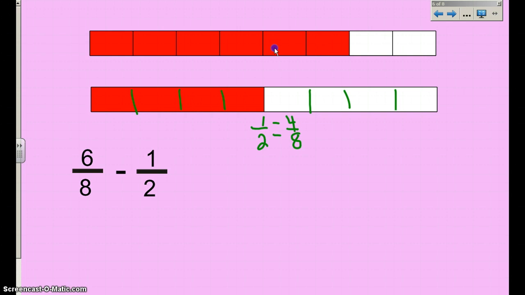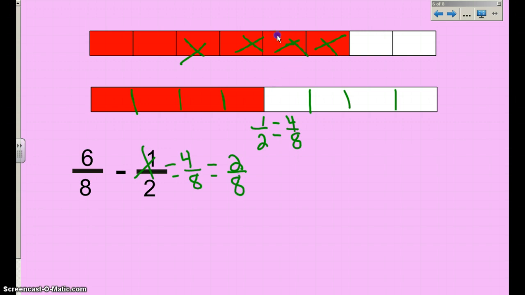So if I start with 6 and take away 4, that's 1, 2, 3, 4. And how many are left? 2. Good. So I'm going to write 1/2, and its equivalent fraction is 4/8. So 6 minus 4 is 2, and it's out of 8.